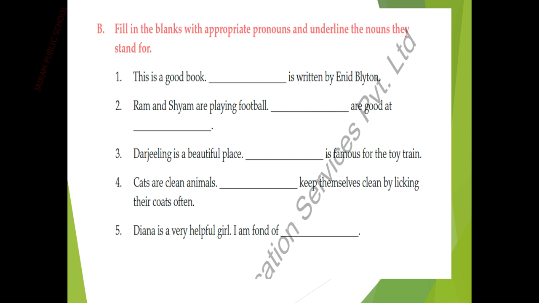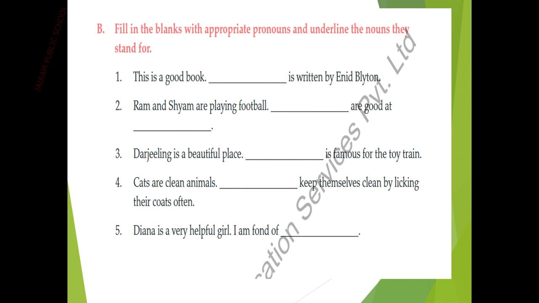They are good at what? Of course, playing football. So instead of football, you should use it. They are good at it. Ram and Shyam are playing football. They are good at it.